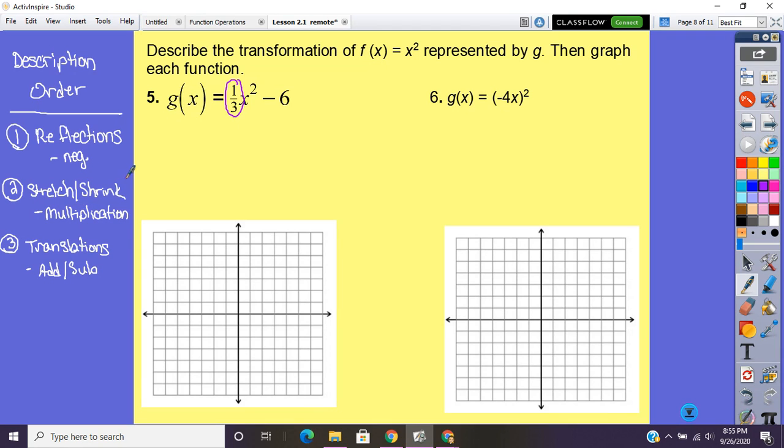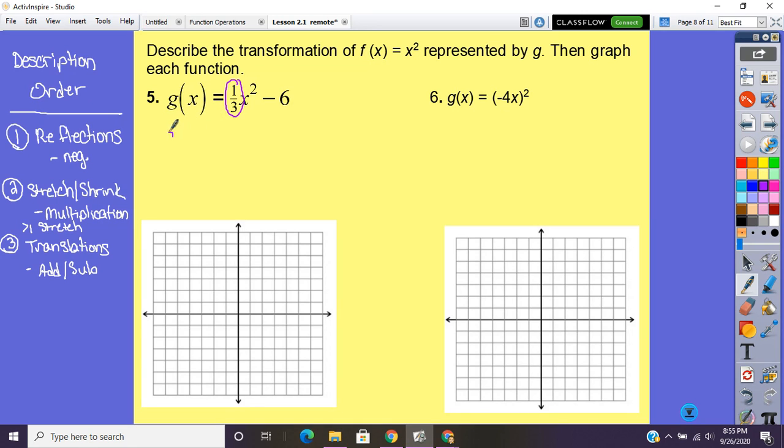If the multiplication is greater than 1, it's a stretch. Otherwise, it's a shrink. So is my multiplication greater than 1? No, it's smaller than 1.